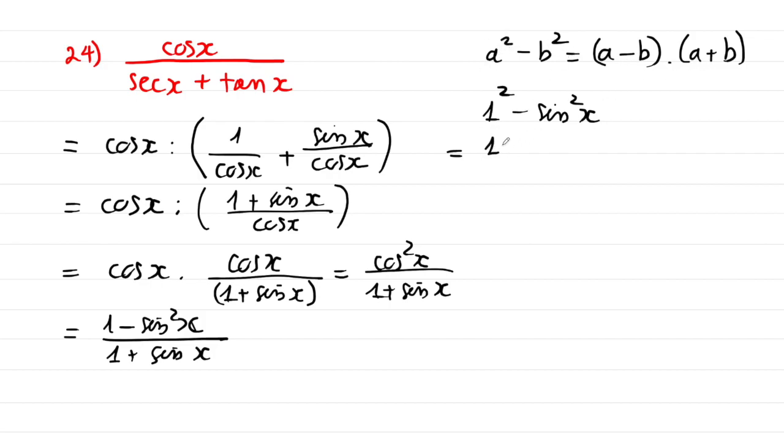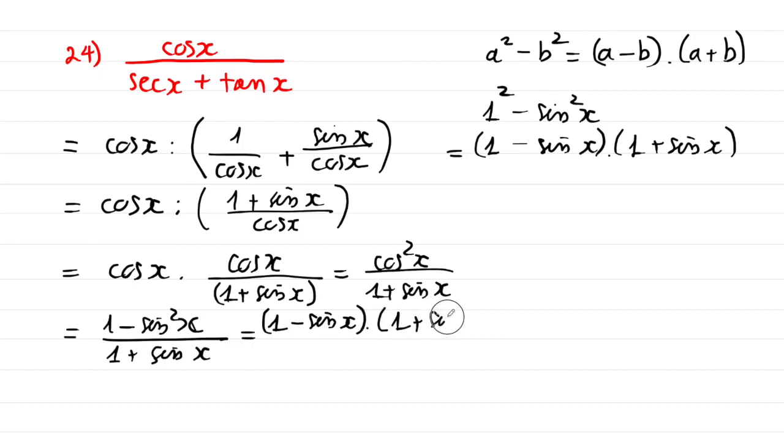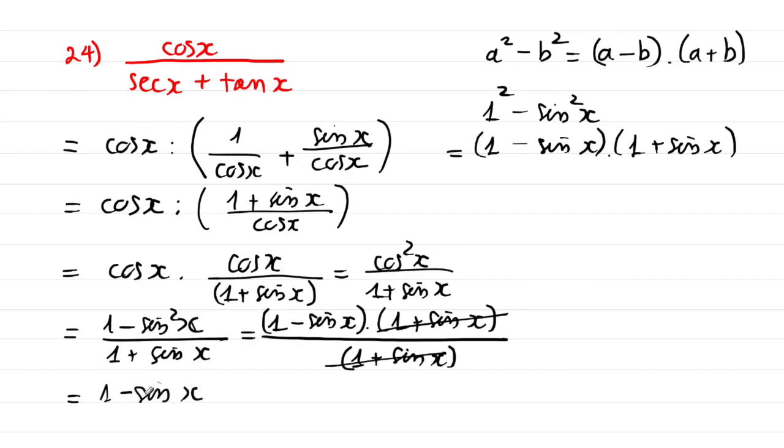So factorizing, you got a minus b and a plus b, like this. And here you got 1 minus sine x and 1 plus sine x, like this. Here can simplify with this one. So 1 minus sine x is my final answer this way.